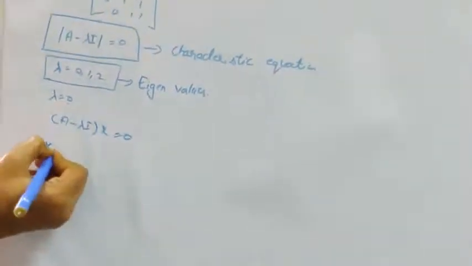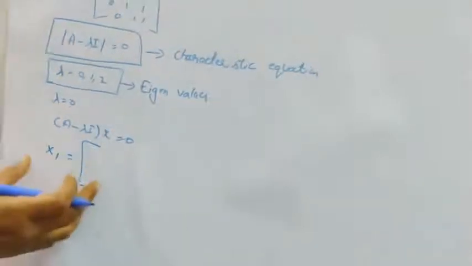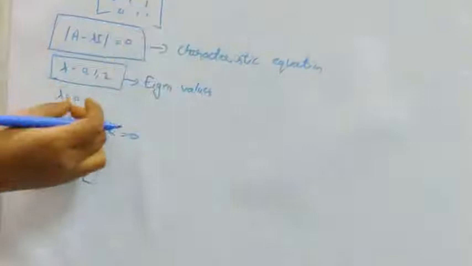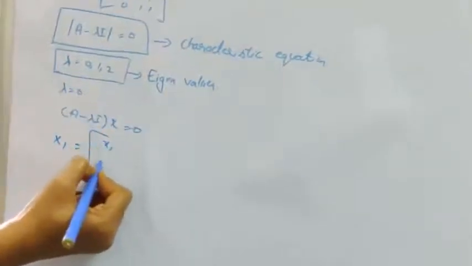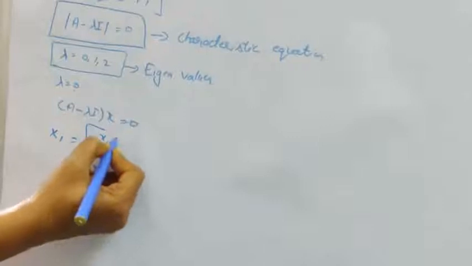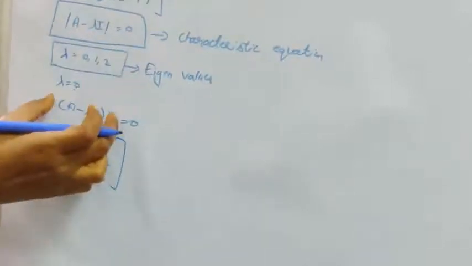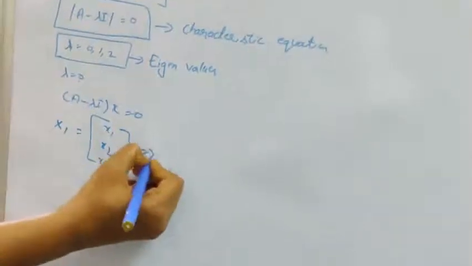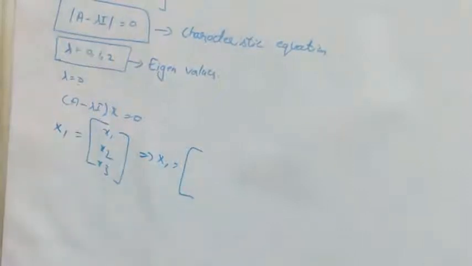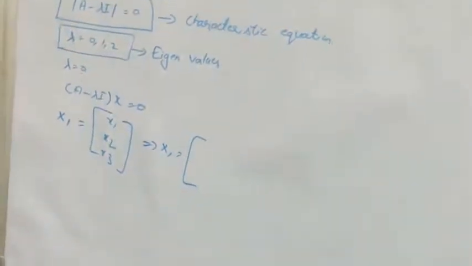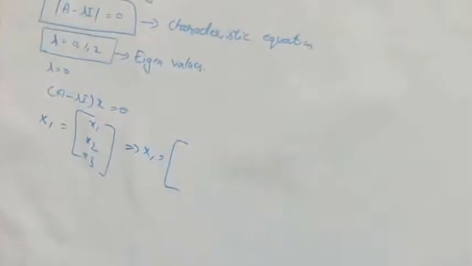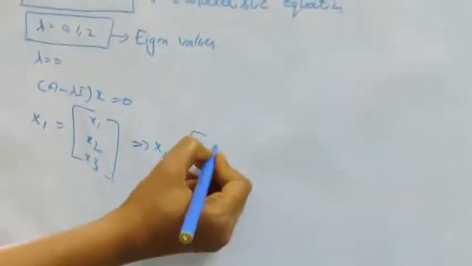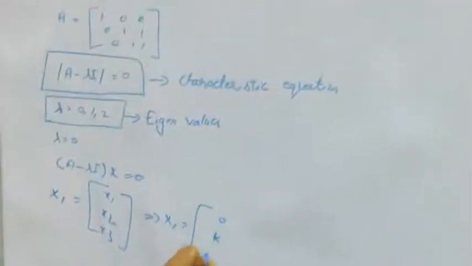So by solving this, finally we got x1, the suitable eigenvector for lambda is equal to 0. By solving the equations formed by this expression, we got x1 as 0, k and minus k.